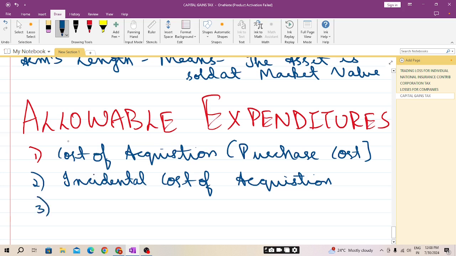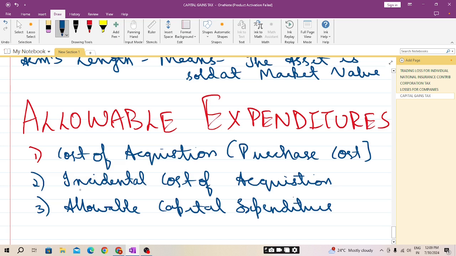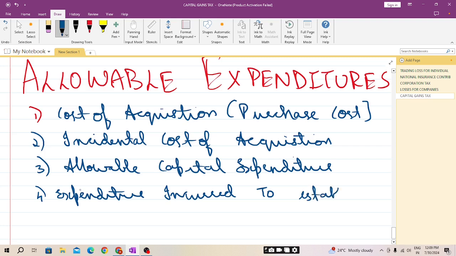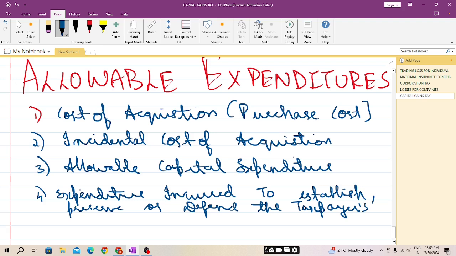Then the allowable expenditure will also include, students, the allowable capital expenditure, and the expenditure incurred to establish, preserve, or defend the taxpayer's title to the asset.